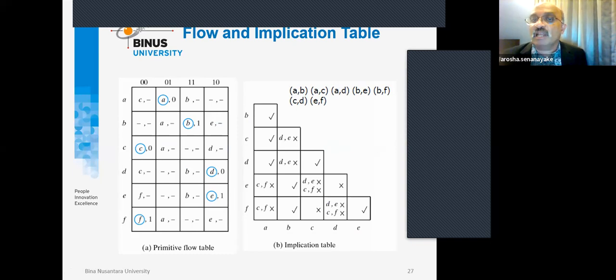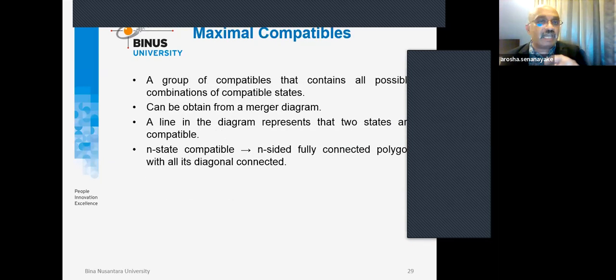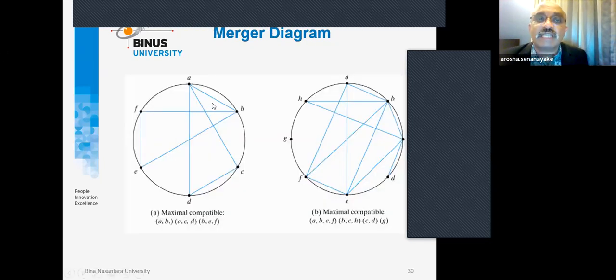A with B is a line, A with C, A with D, B with E, BF, CD, EF. That's what we can see here. So we have connected all of them using lines. The first thing is to do that, taking into consideration the compatible pairs we obtained, and connect them using lines.